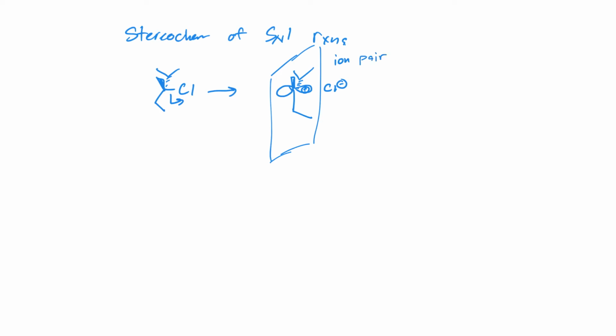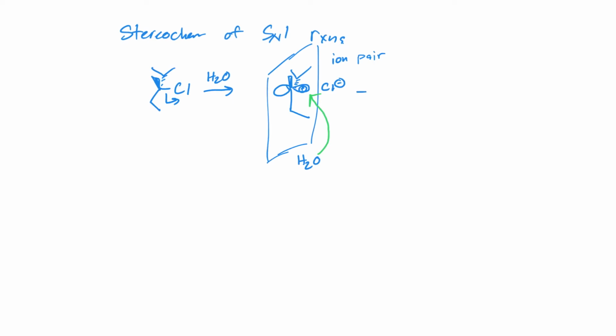And this ion pair actually serves to hinder the nucleophilic attack. And so let's say we're using water as our nucleophile. Let's put water right here. It's ready to come in and attack the cation. And I'm going to use two different colors to show the attack. So we could have an attack from the right side near the chlorine, and that would give us this intermediate, with the nucleophile entering from the right side.